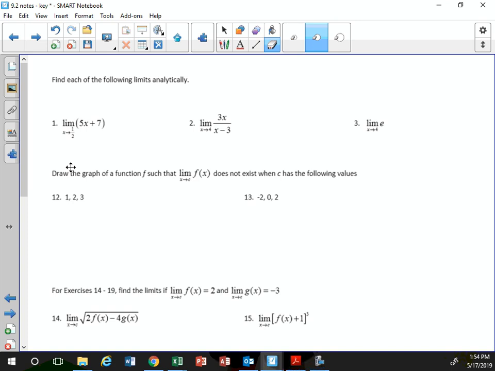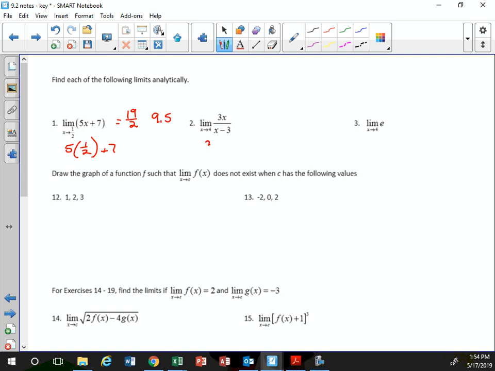Yes, you're plugging in a fraction. You can do it, I promise. 5 times 1/2 plus 7. So that's 5 halves plus 7. Could we make 7 into 14 halves? What's 5 halves plus 14 halves? 19 halves, or 9.5, sure. Okay. We're fine with that one?